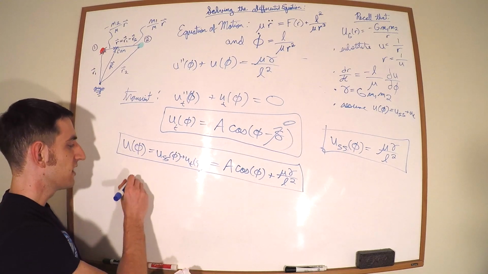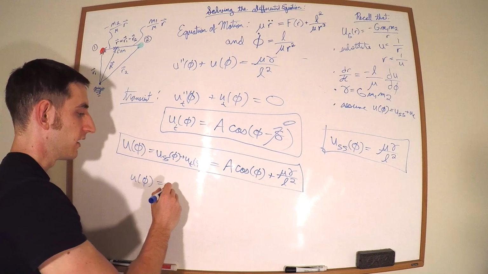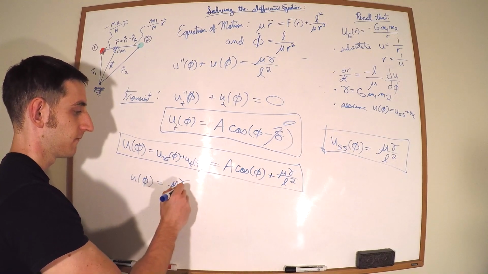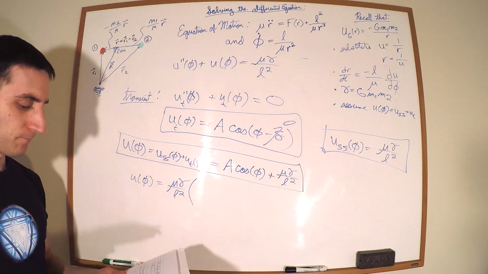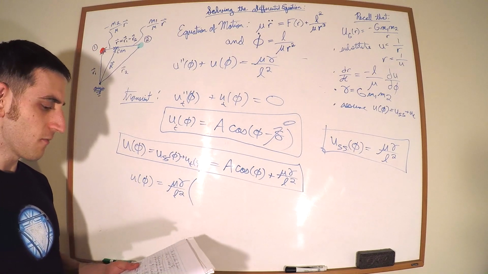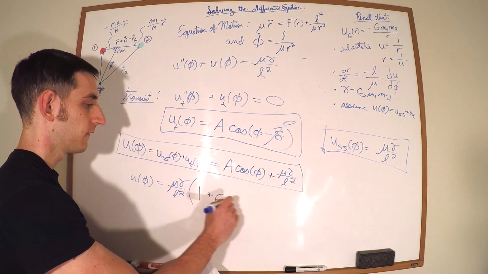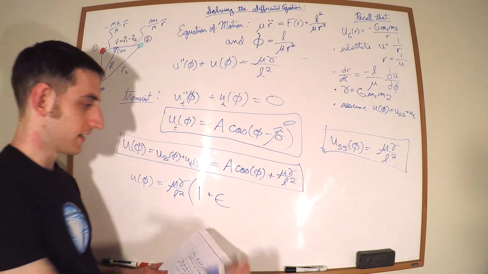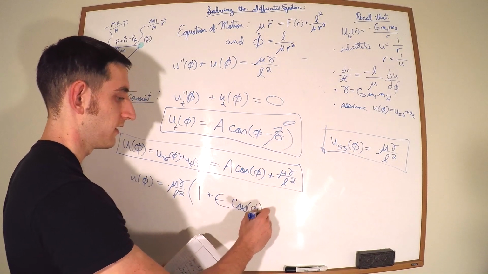I'm going to say that U sub phi, I'm going to pull out this guy, is no more than 1 plus this new parameter, epsilon cosine phi.